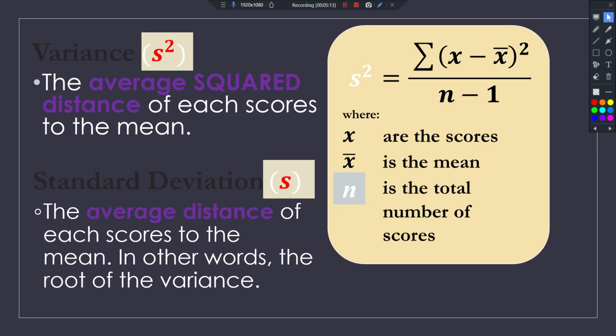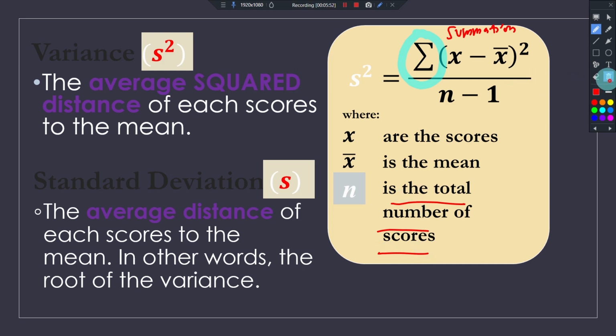And it has a formula on the side of your screen, which states that the symbol sigma here is the summation. It means that we take the individual number minus the mean, squared, and add it all up, over N minus 1, where N is the total number of scores.